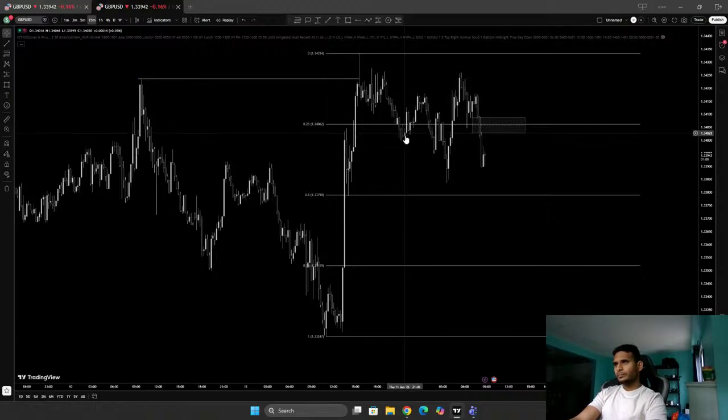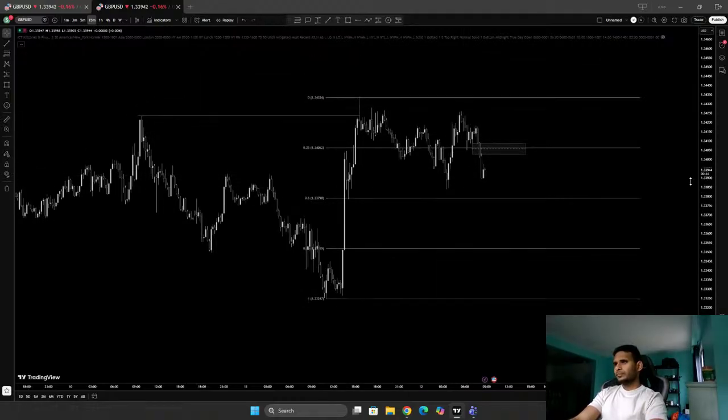High, low, high, low again. Consolidate, right? It's not just consolidation. So this is the high, this is the low, which we have the 50% of the level.